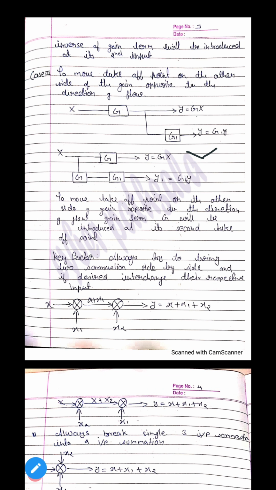As you can see, you are getting gain G with G1, and if you move it opposite to the direction of flow, you don't get the gain G, so you have to multiply it with the gain G so that we can compensate for it. So here it is written that to move a takeoff point on the other side of the gain opposite to the direction of flow, the gain term g will be introduced at its second takeoff point.